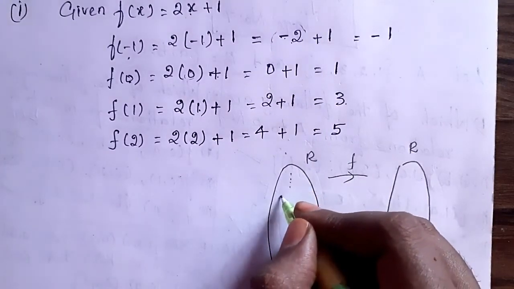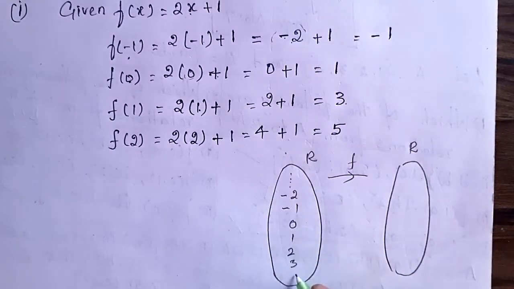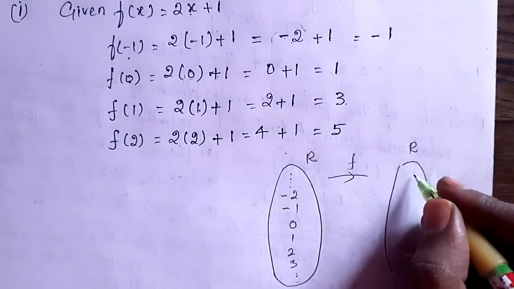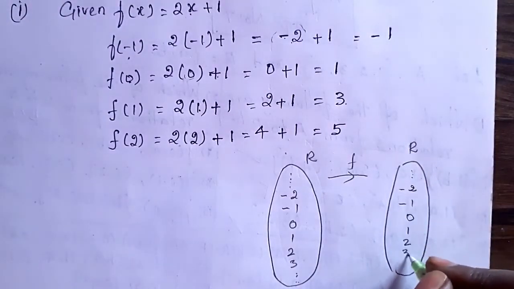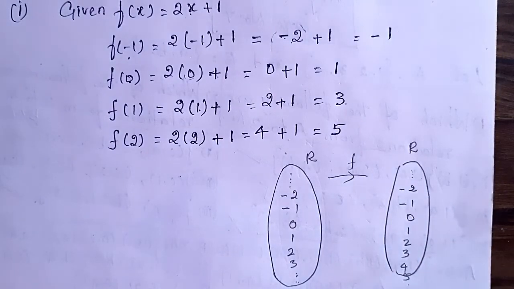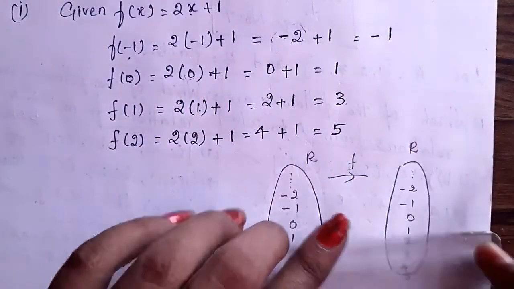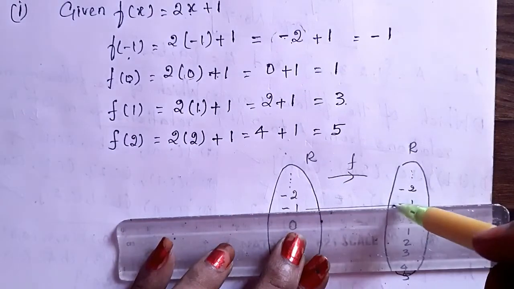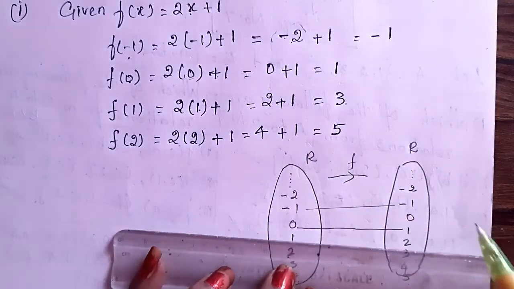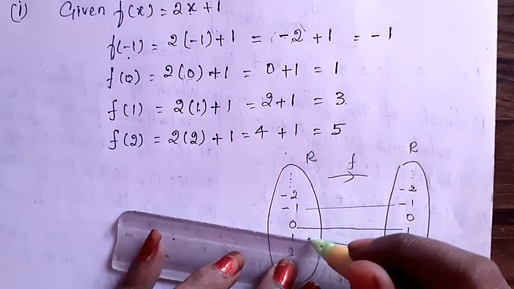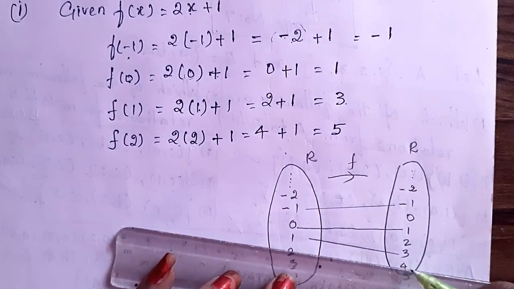So I am plotting only from -2, -1, 0, 1, 2, 3, etc. Here also the same, -2, -1, 0, 1, 2, 3, 4, 5, etc. Okay. Now we are going to draw it. -1 goes to -1. 0 goes to 1. 1 goes to 3. 2 goes to 5.